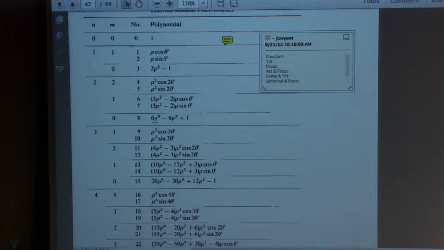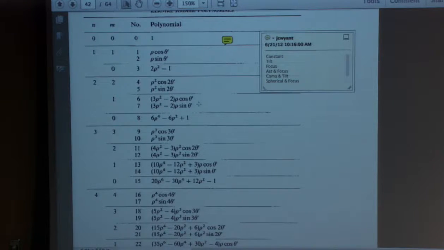then I want to introduce an amount of defocus that is equal in magnitude and opposite in sign to how much spherical I have. So every wave of spherical, I want to have minus a wave of defocus to minimize the RMS.